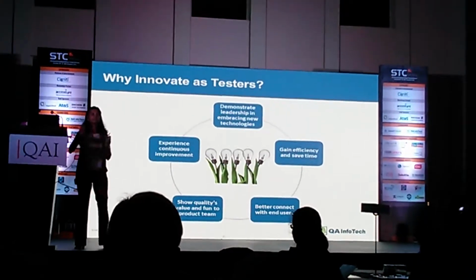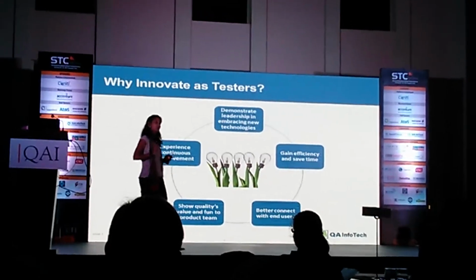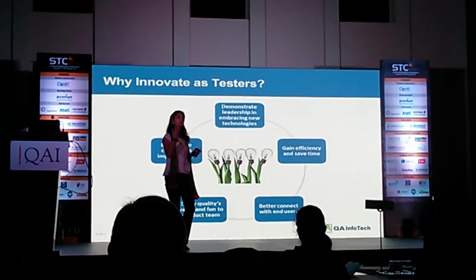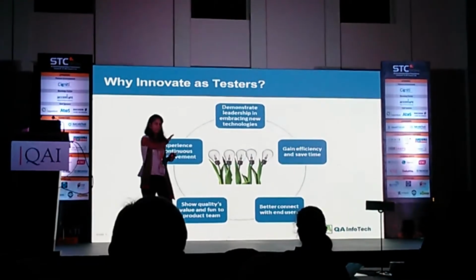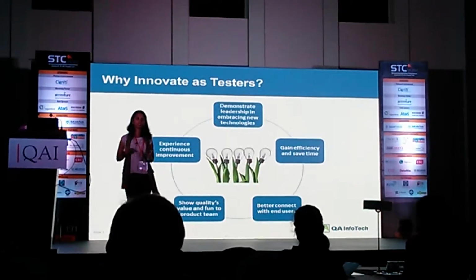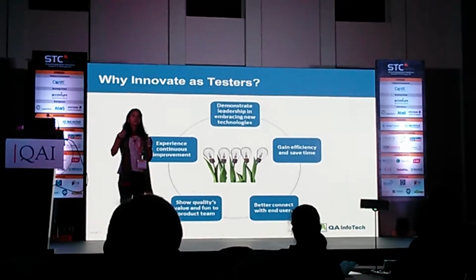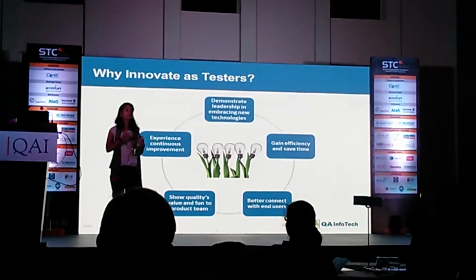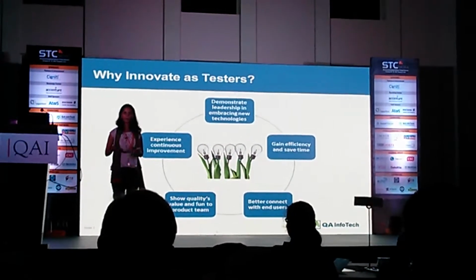The second message is specific to the testing community. Let's specifically start looking at ideas. Why do we want to innovate as testers? Very self-explanatory, so I'm not going to discuss each of them in detail. But for a quick look, we want to innovate as testers because we want to embrace new technologies and new trends that are out there in the market.